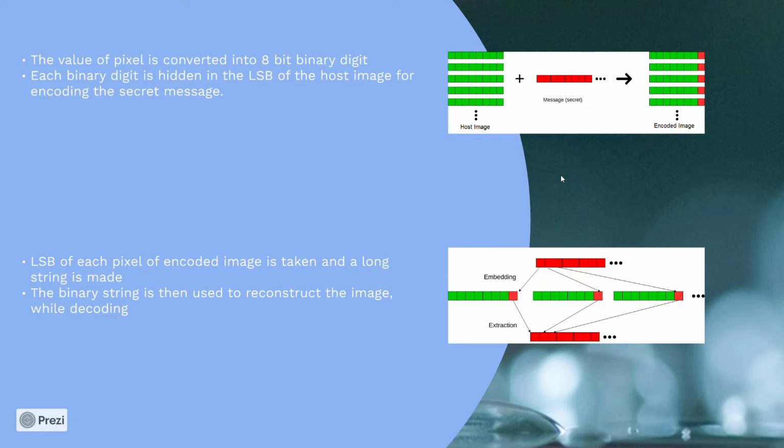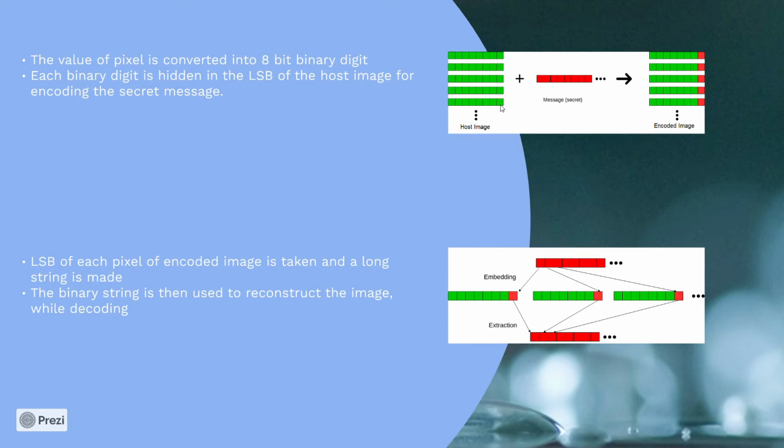Suppose the value of the pixel, or the intensity of color in the pixel, is 255. Then we can represent it in binary as 11111111. Now suppose we replace the LSB of that byte by 0, then it will be 254.